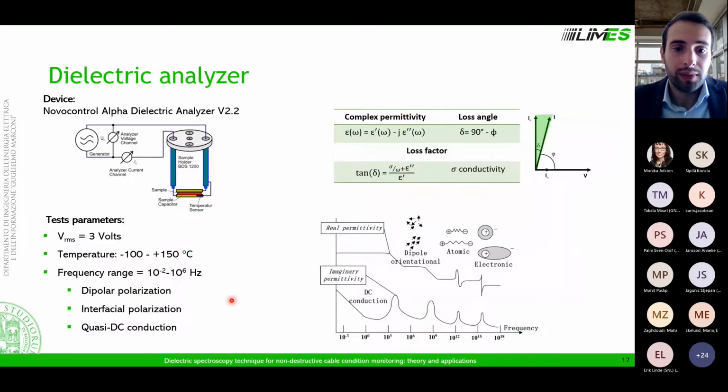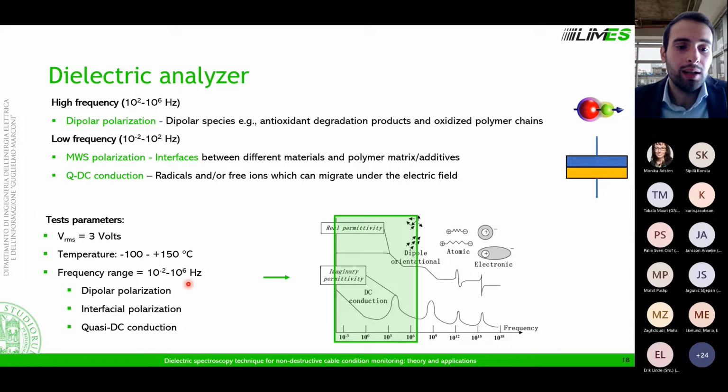The device used for the acquisition of the dielectric spectra is the Novocontrol Alpha dielectric analyzer that we have in the lab. It works with an applied voltage of 3 volts in a wide range of temperature and in a frequency region between 10^-2 and 10^6 Hertz. As I presented before, this frequency region can be related to the dipolar and interfacial polarization and also to the DC conduction.